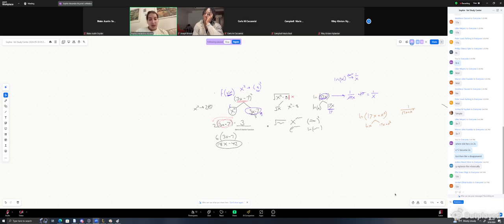Can someone tell me the final step? What do I multiply this by to finish the chain rule process? The derivative of the inside. Yeah, perfect. So can someone tell me the derivative of this interior function here?